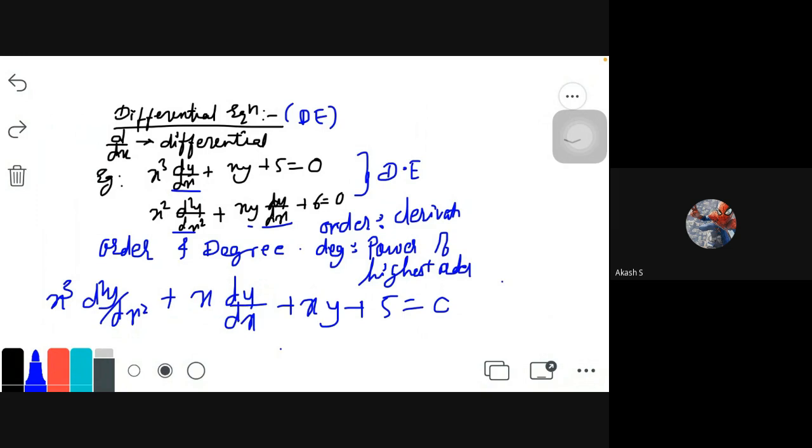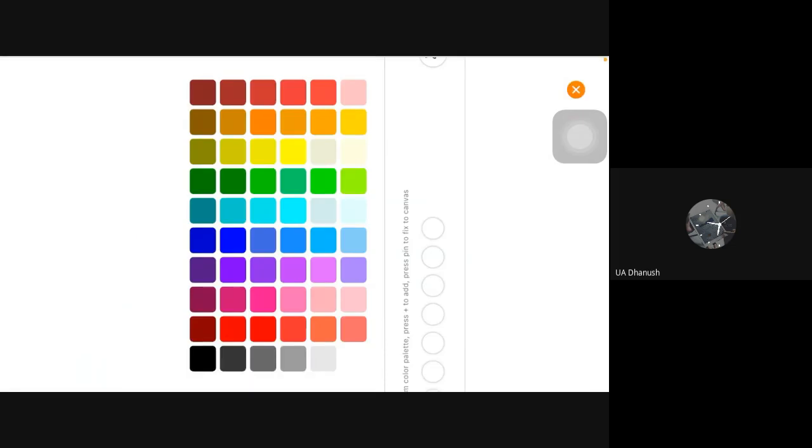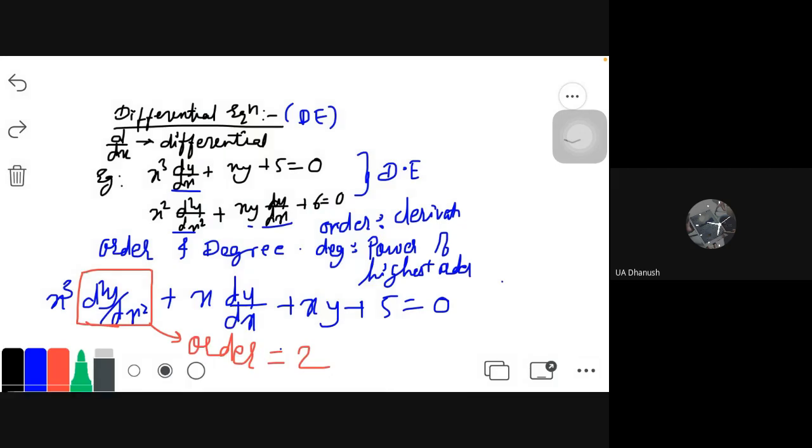When I am writing dy by dx, it means I have to take the derivative only once. So the highest order of derivative throughout the equation is this. This becomes the order of the equation, which is 2 in this case. Then you have to see the power of this. The power of this is 1. So the degree of this equation will be 1. Okay, order is 2 and degree is 1.